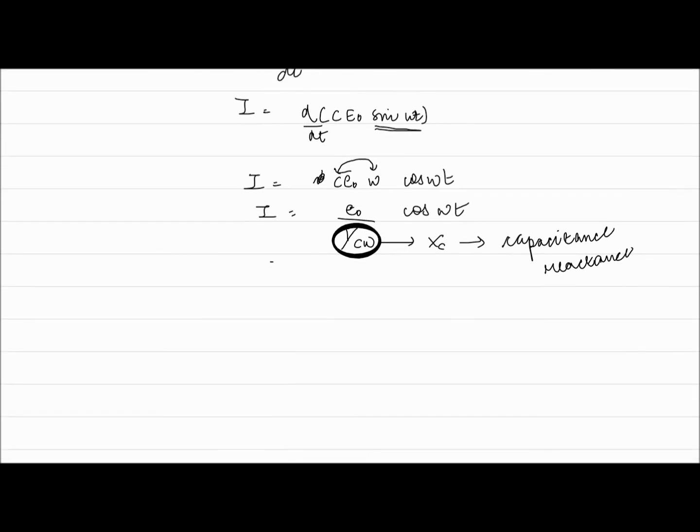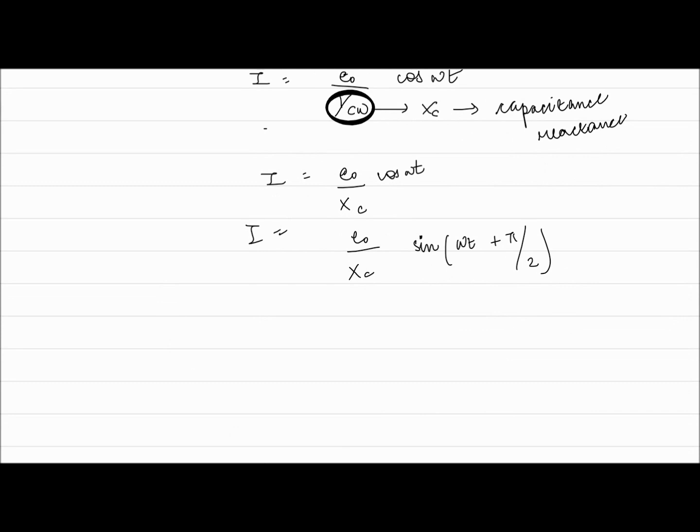So we have I equals E naught by XC cos omega t, and we can write cos omega t as E naught upon XC sine omega t plus pi by 2. So what is the final answer that we get?